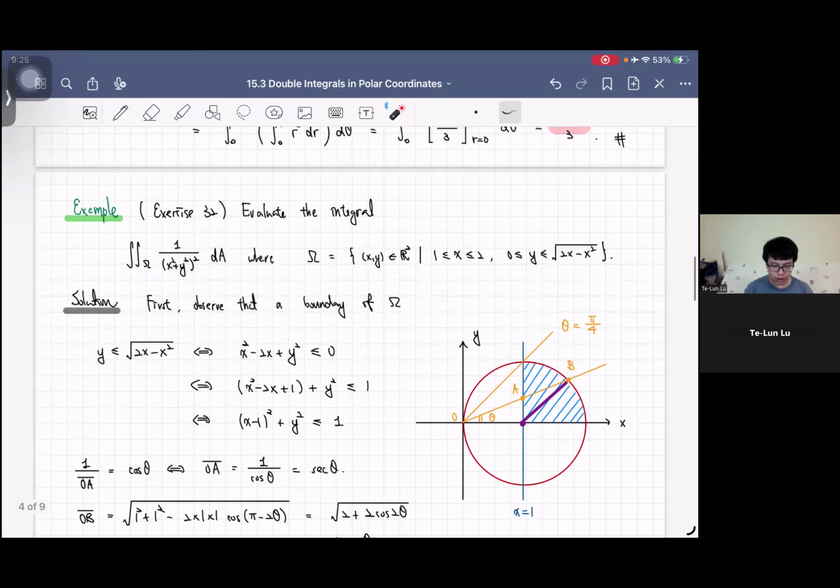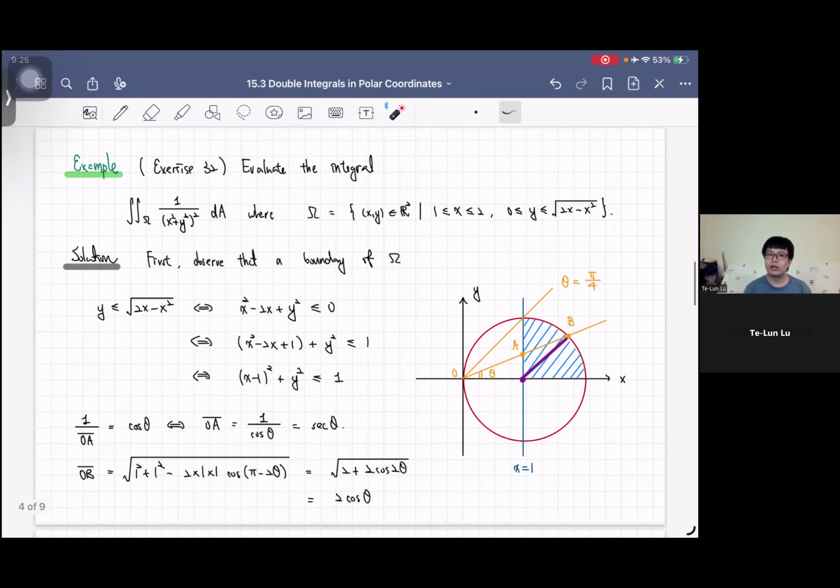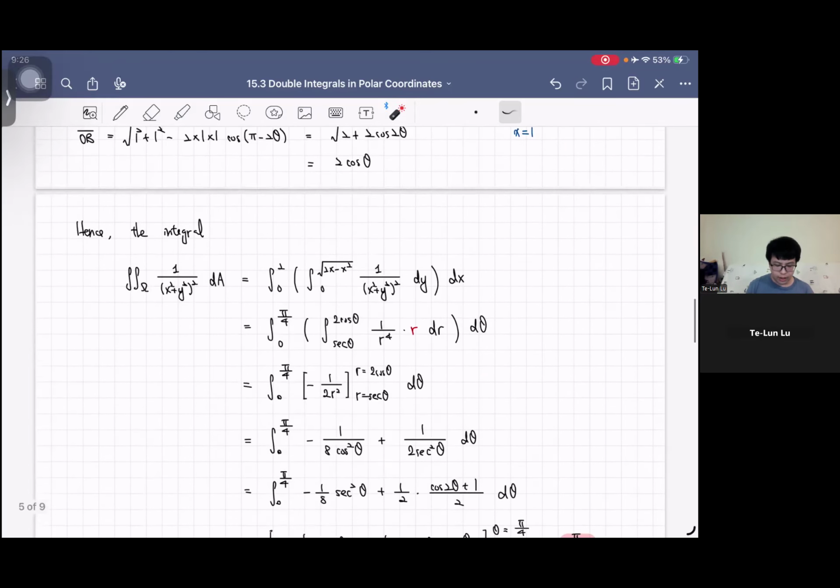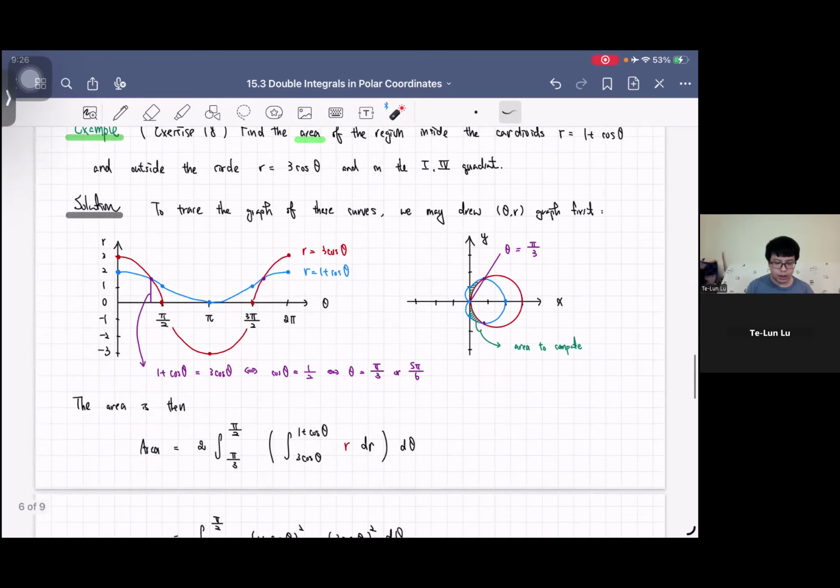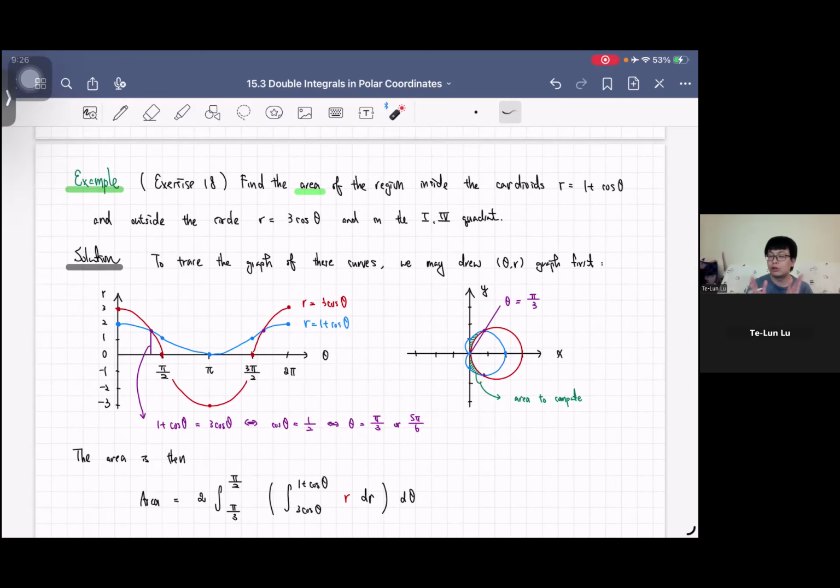And we deal with this example where the boundary for r is not constant with respect to theta. So for different theta, you have different boundaries and can solve that by simple geometry. And for this third example, we compute the area between two polar curves using polar coordinates.